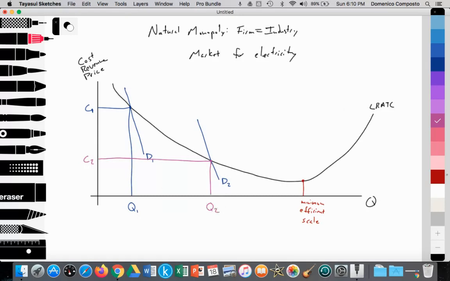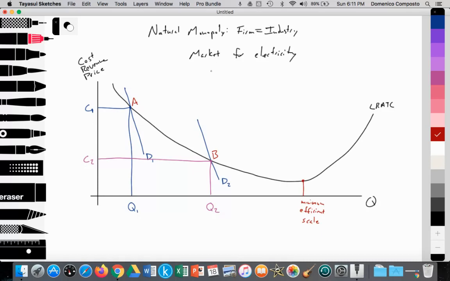So this would be it. This is all we would need to illustrate a natural monopoly achieving economies of scale. If you had this as a paper 1 exam question, first you would want to draw a monopoly graph, and then second, draw a natural monopoly with large economies of scale to illustrate that the firm is the industry and has significant economies of scale.